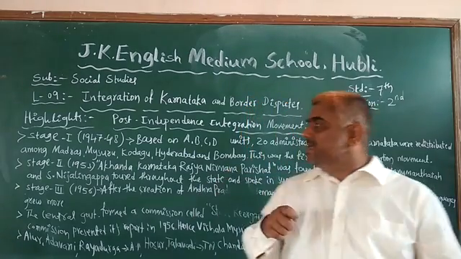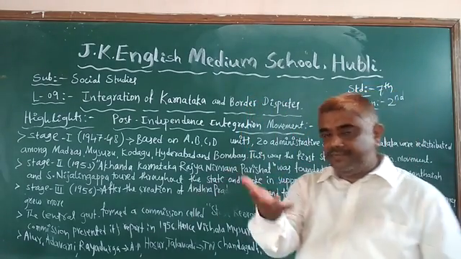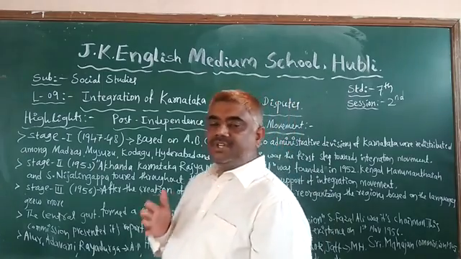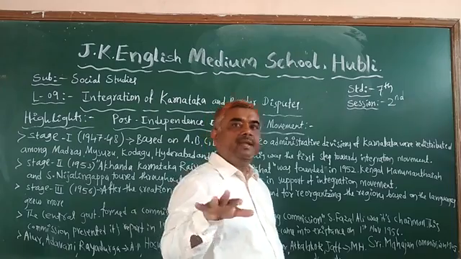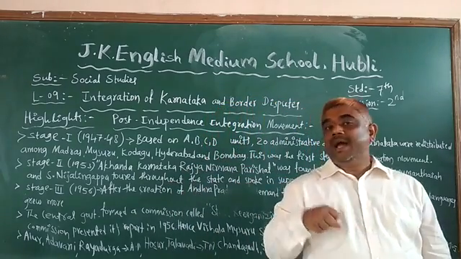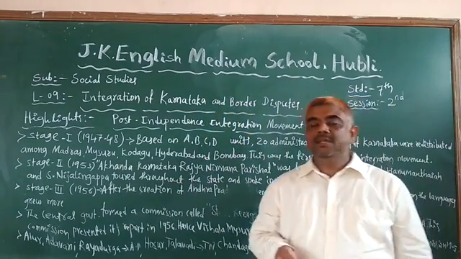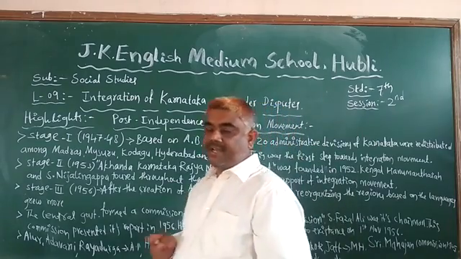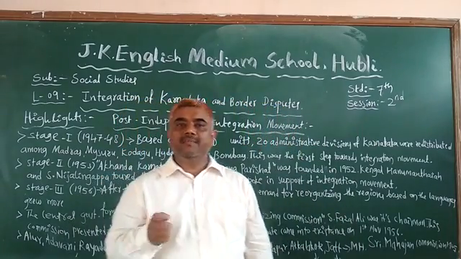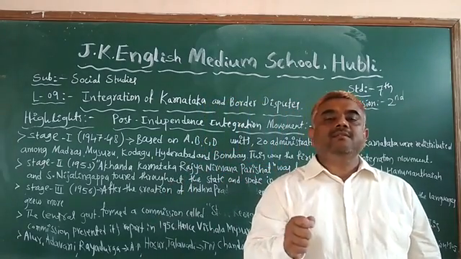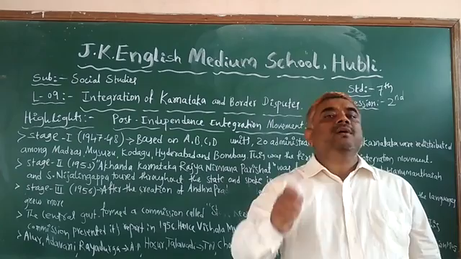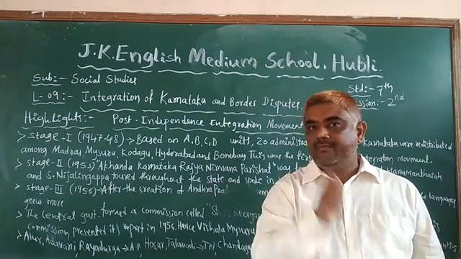In the year 1951-52, the first universal elections for the parliament were held in India. After the elections in 1952, there was a demand for reorganizing the states based on language.